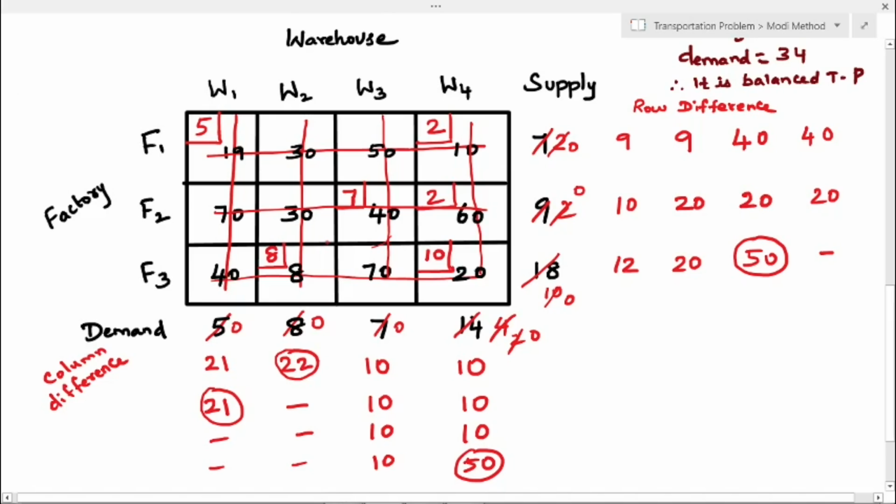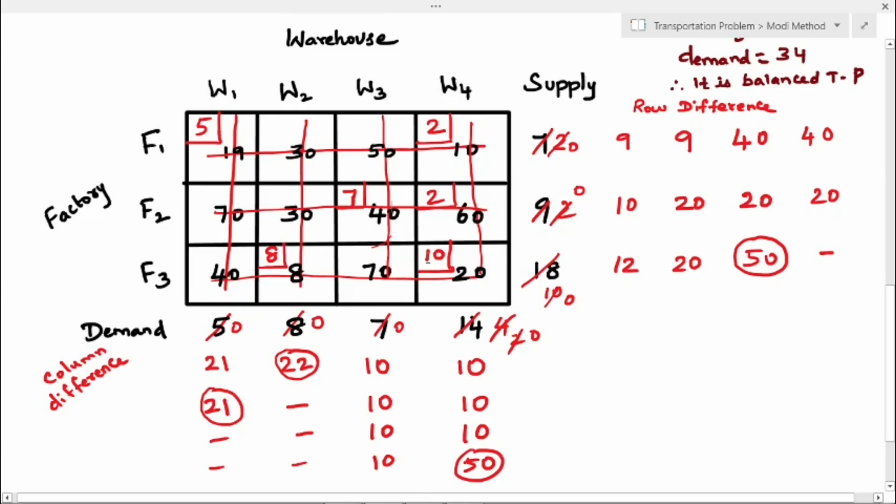So the remaining cells are called unoccupied cells. In the first row, the first place and the fourth place are occupied cells, and the second and third places are unoccupied cells. Similarly, in the second row, the first two are unoccupied and the next two are occupied cells. And in the third row, the first and third are unoccupied and the second and fourth are occupied cells.